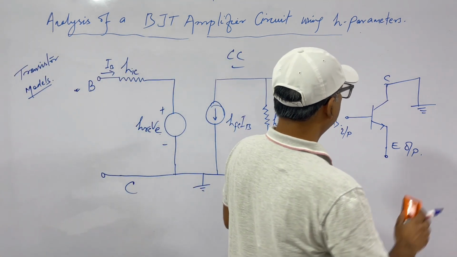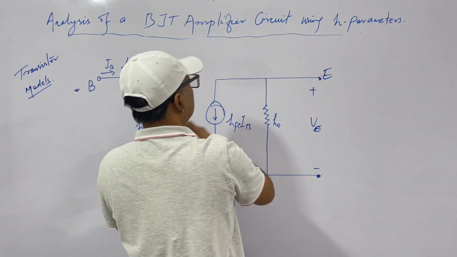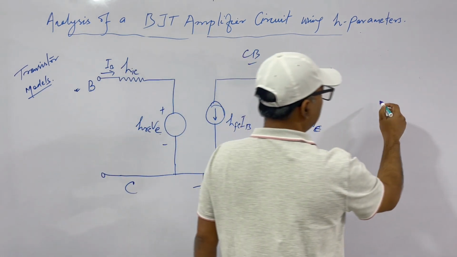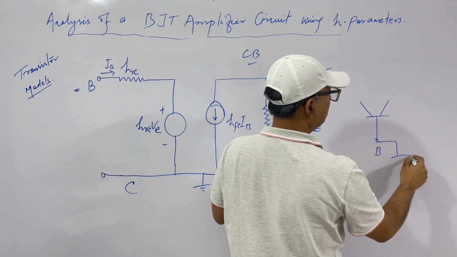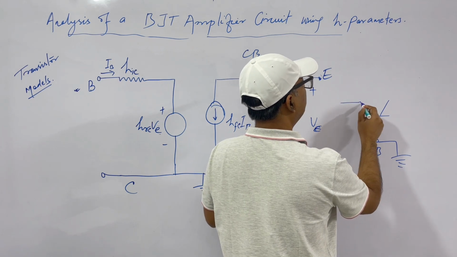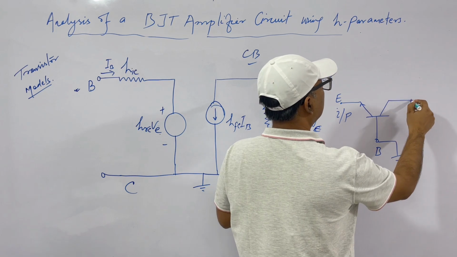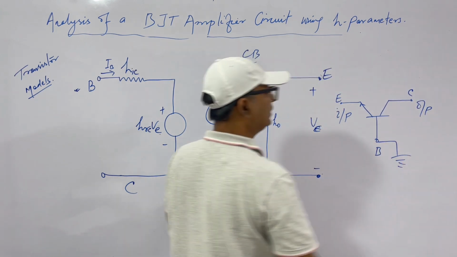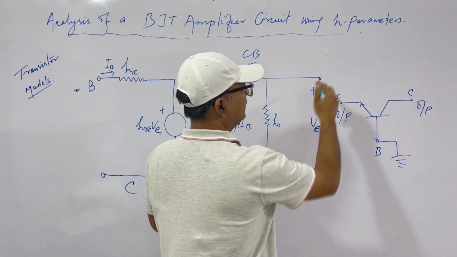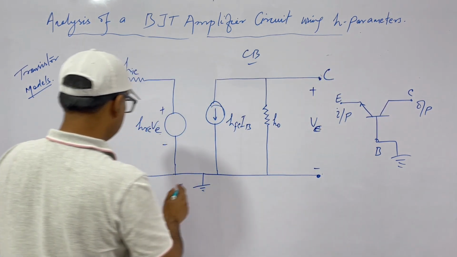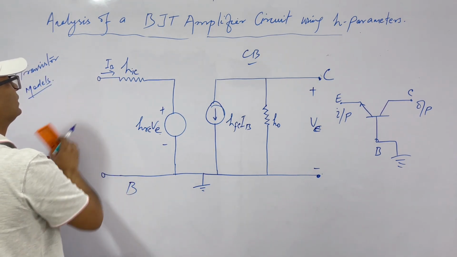In case of common base, what if we have a CB configuration? CB means like this. This is base which is grounded. This is emitter, E. We take input at emitter, and this is collector at which we take the output. So in case of common base, this is again collector C. The common one is base and input we take at emitter. So this is emitter.